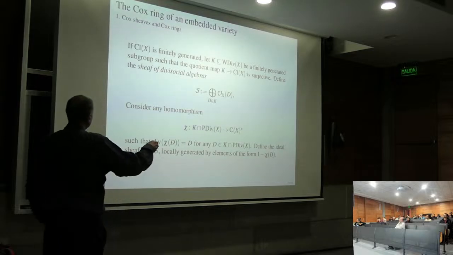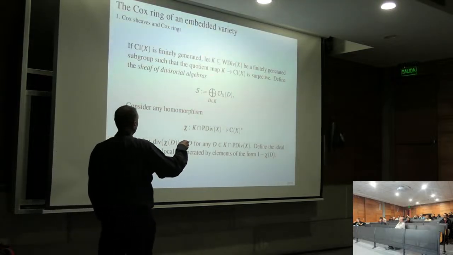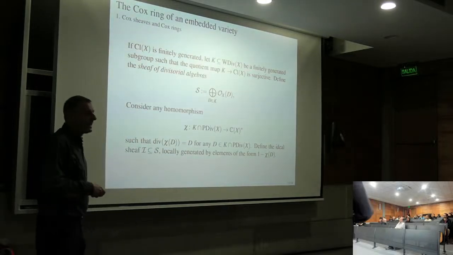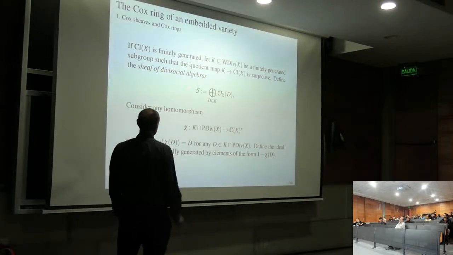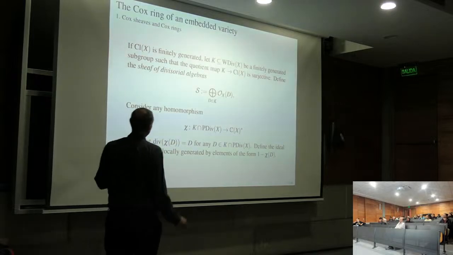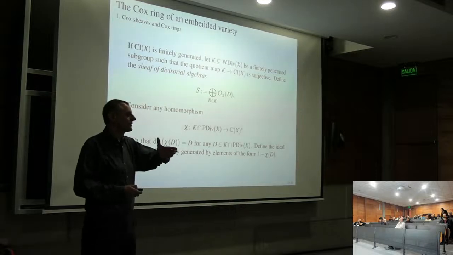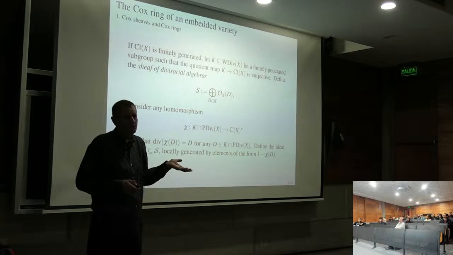In that case, you can choose a finitely generated subgroup of Weil divisors such that the class map is a surjection, and you can construct this sheaf of divisorial algebras. This object is a Riemann-Roch space: over an open subset U, these are rational functions f such that the divisor of f plus D is effective.